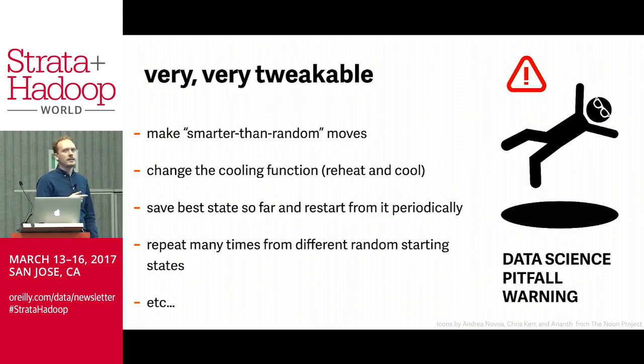The second warning is that you might not have to, but your data scientists might do it anyway, because it's very tempting to try and make it a little bit better, a little bit better, a little bit better. So I think it's a good idea to decide what's acceptable ahead of time so that you know when to stop. Because you could tweak this and make it better incrementally forever, and you have to decide at some point to cut it off.